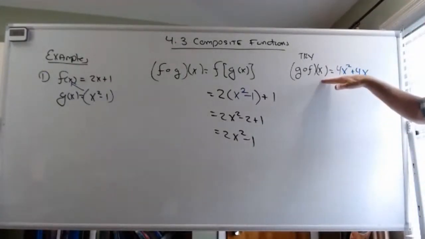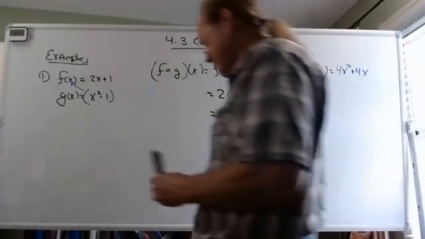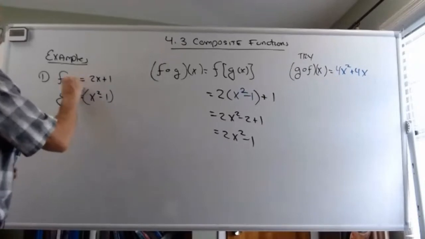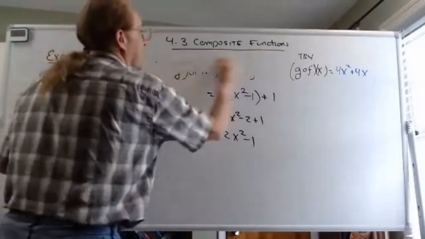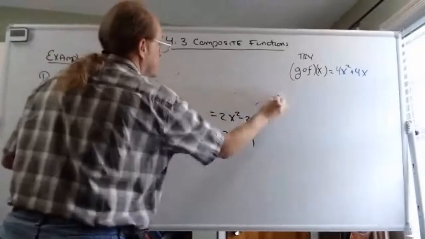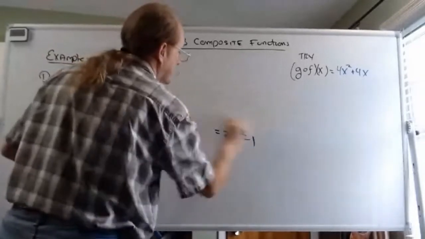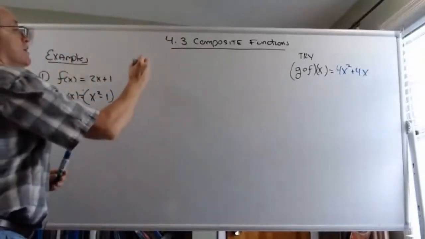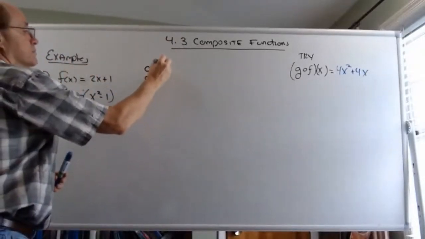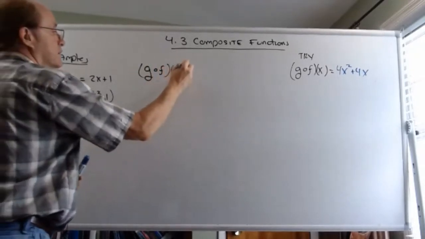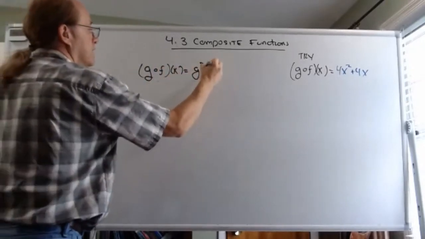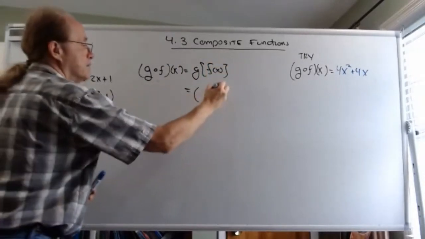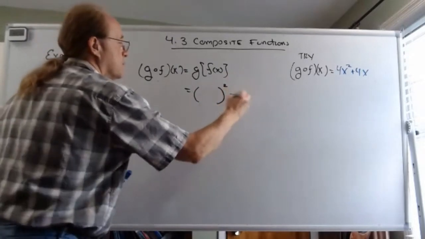Does anyone want to see how I got that? Just chime in. Okay, let's do how we got that. Same f and g, but now instead of f composed with g, we're now doing g composed with f. So I'm going to be doing g composed with f of x, which is g of f of x. So my functional form of g now is my input squared minus 1.